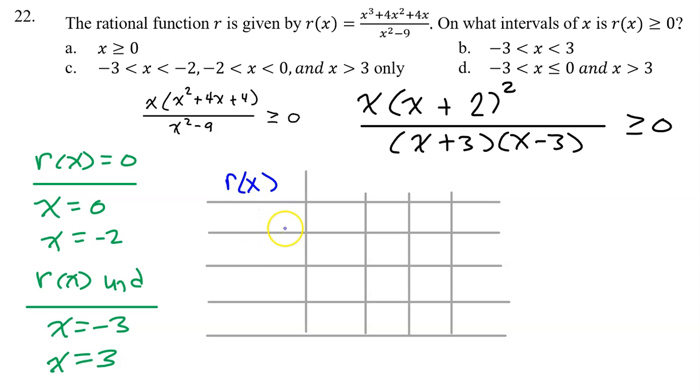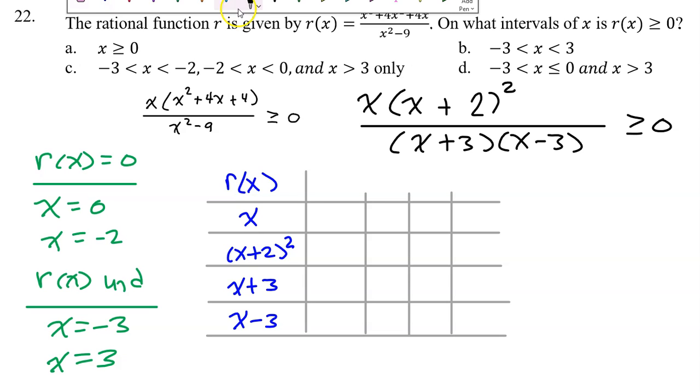We will need 4 rows because we have 4 separate factors. We need a row for x, a row for x plus 2 squared, a row for x plus 3, and a row for x minus 3. Put these critical values, oh, whoops, I'm missing one.